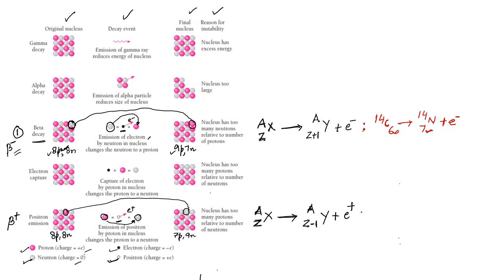For example, we can have copper-64, which has 29 protons, and it becomes nickel-64. The proton number decreases by 1, so it becomes 28, and we have a positron coming out along with it.